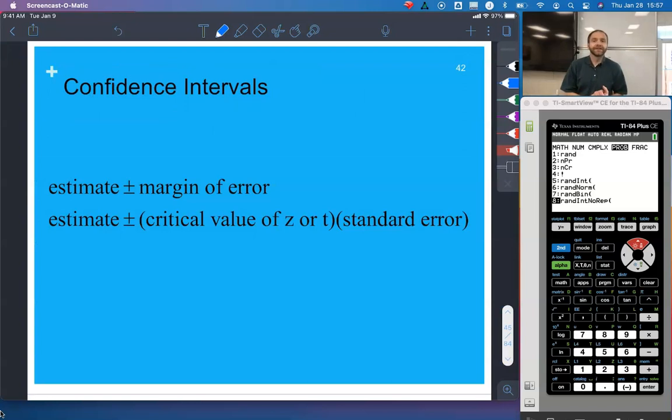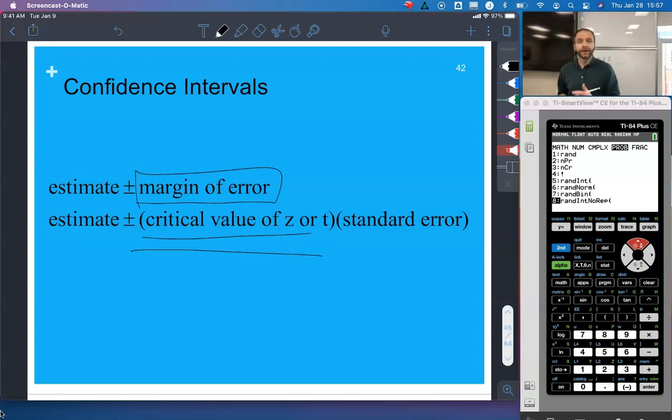So right now, confidence intervals, we said it's your estimate plus or minus your margin of error. Now what the margin of error is, and we're going to get to this, is the margin of error consists of a critical value for Z or T, we're getting there, don't worry, times your standard error. So the main idea is there is a way to calculate your margin of error.